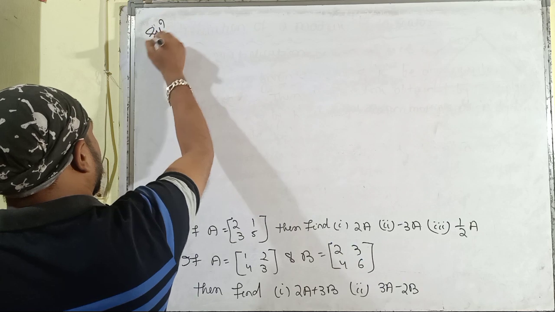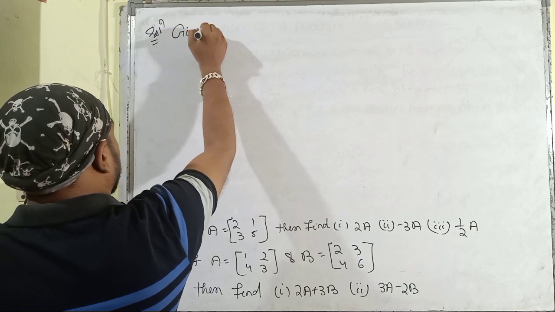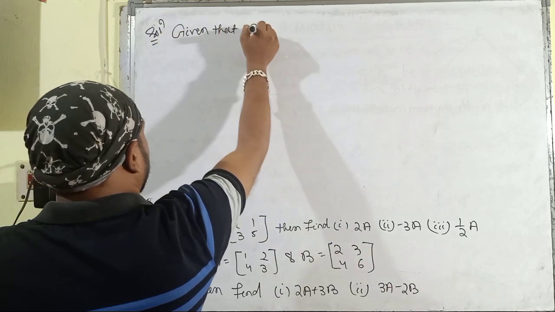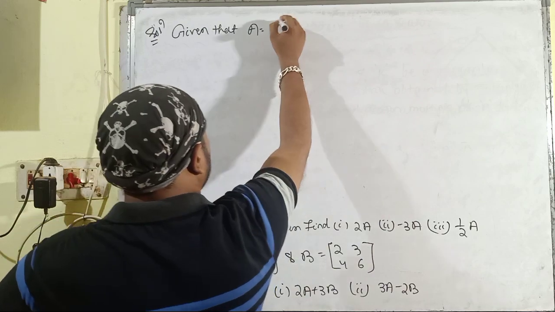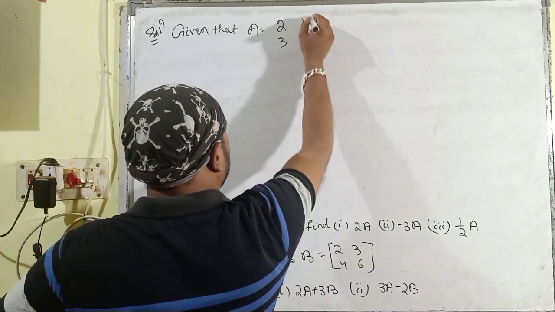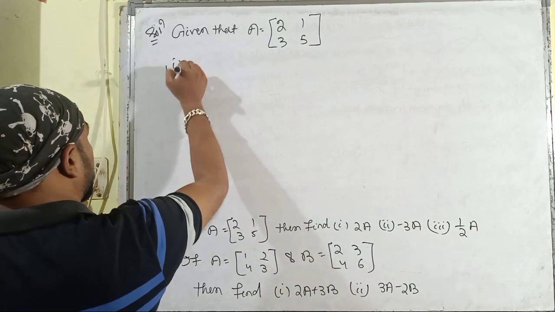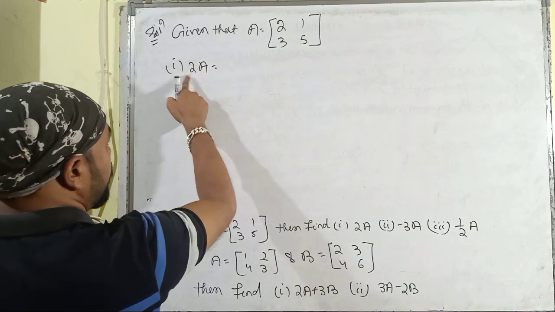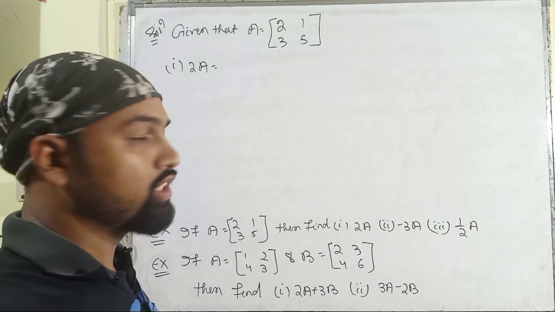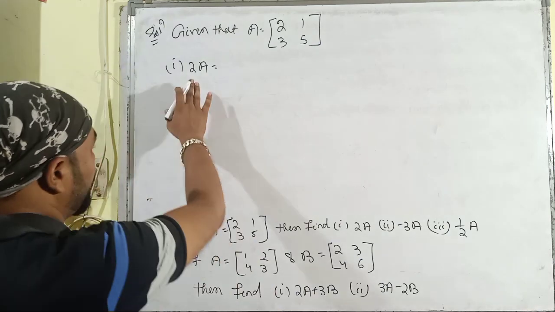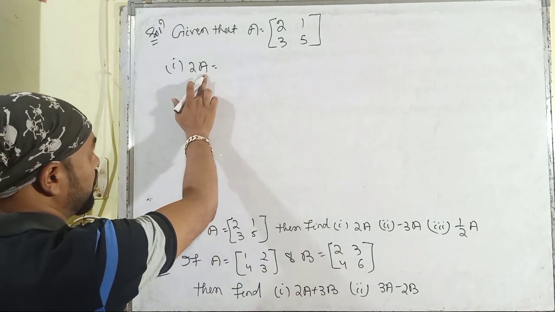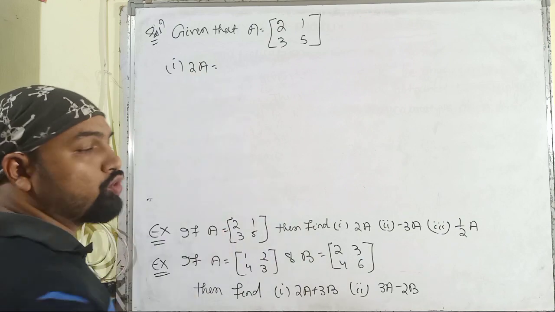Solution: given that A is equal to 2, 1, 3, 5. Then first of all we have to find out 2A, where 2 is a scalar, or you can call it a number, and we have to find the scalar multiplication of the matrix A by the scalar 2.